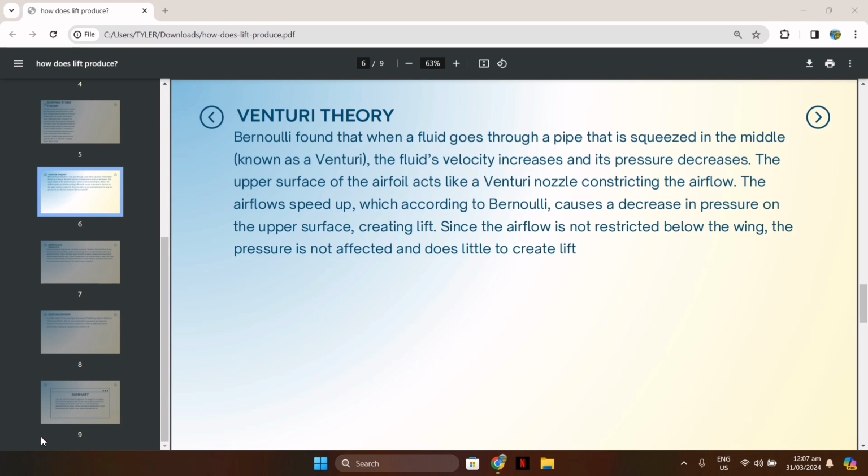According to Bernoulli's principle, this acceleration results in a decrease in pressure on the upper surface of the wing. Meanwhile, the air flowing beneath the wing is less affected by the curvature, so its pressure remains relatively higher. This pressure difference between the upper and lower surfaces generates lift, as the higher pressure below pushes upward against the lower pressure above.